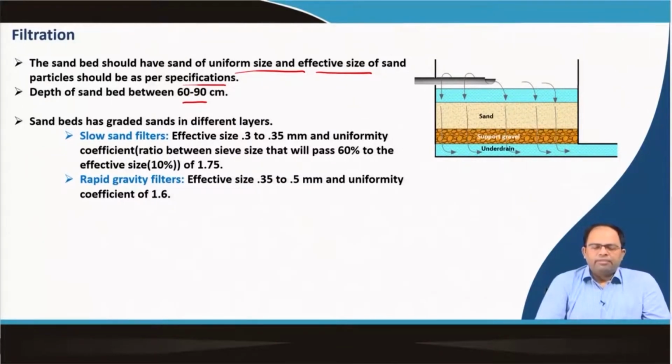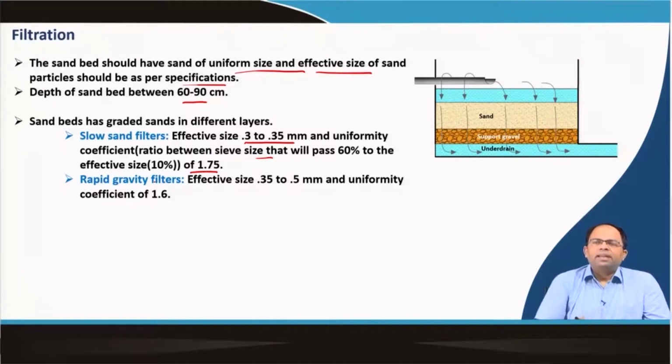So, in slow sand filters, the effective size of sand is 0.3 to 0.35 millimeter, and the uniformity coefficient is 1.75. Now, what is uniformity coefficient? That is the ratio between the sieve size that will pass 60% to the effective size of sand, which is basically 10%.